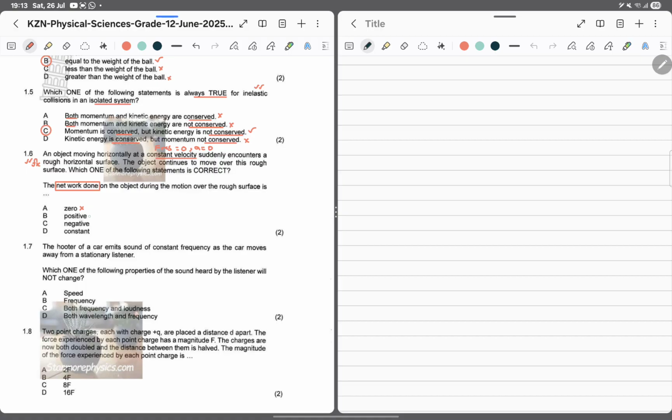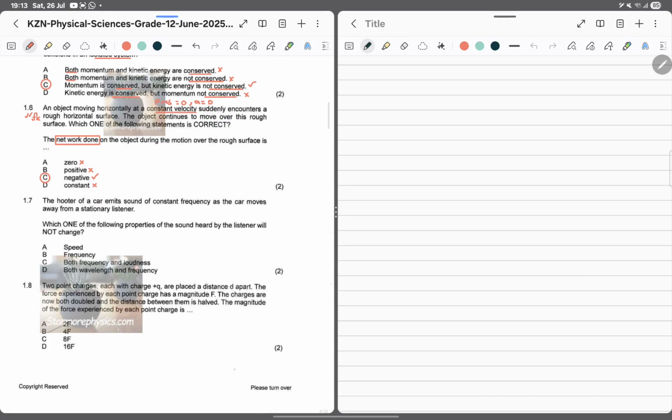Is it positive? Well, friction opposes the motion, so it's not positive. It is certainly negative because this is work done against the motion of the object and not necessarily constant, so C is the correct answer. Again, this goes with knowing what friction does to a moving object.